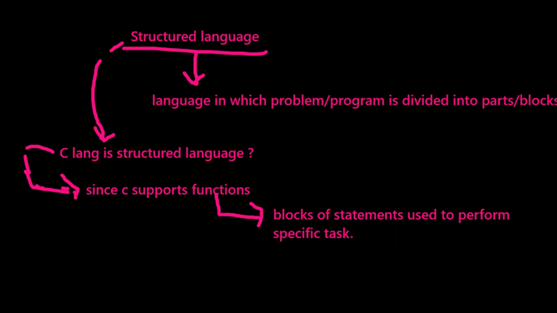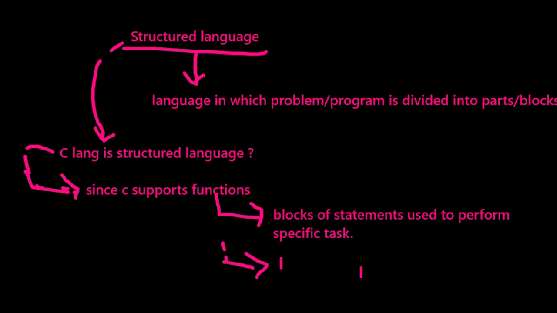We write the particular statements required for that calculation inside that function, and whenever we need to perform that kind of calculation in our program, we simply call that function. Thus functions help to reduce the code.